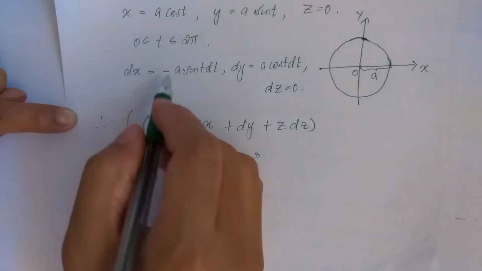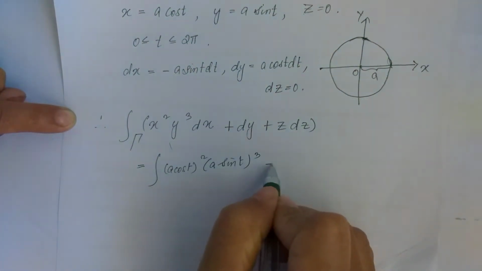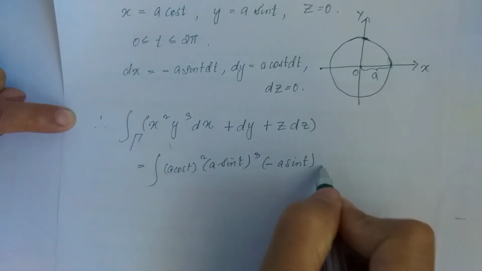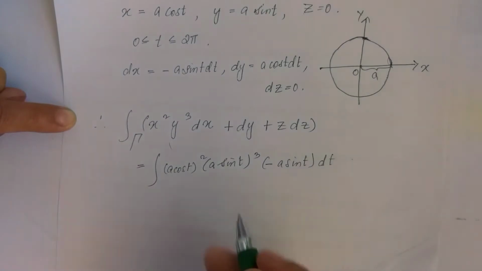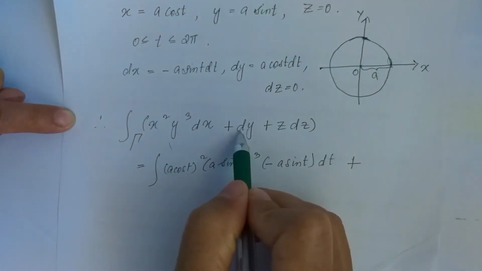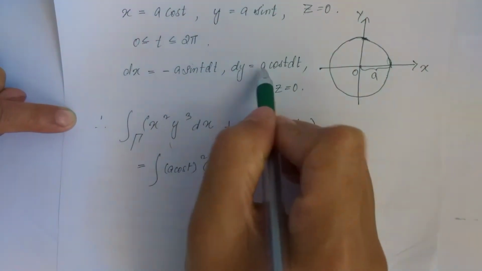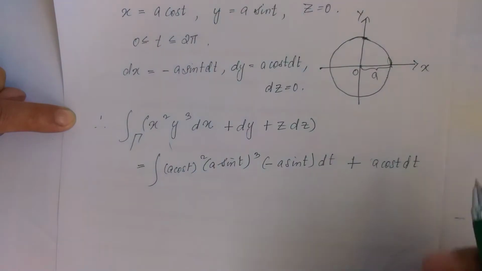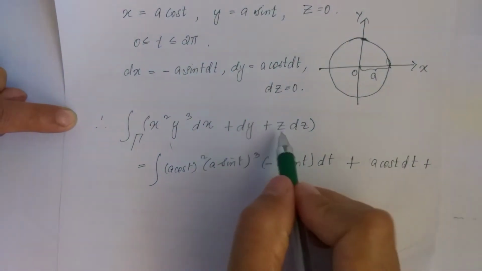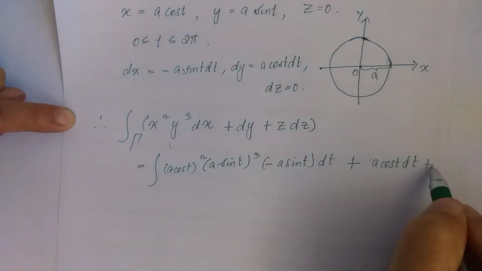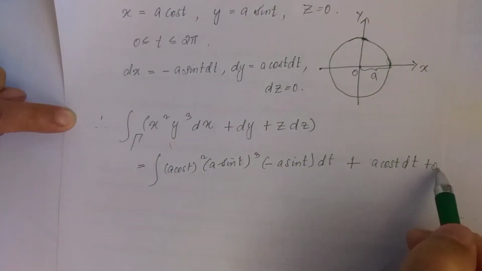Then dx is minus a sin t dt, plus this term here, dy is a cos t dt, plus z is equal to 0 and dz is also 0.